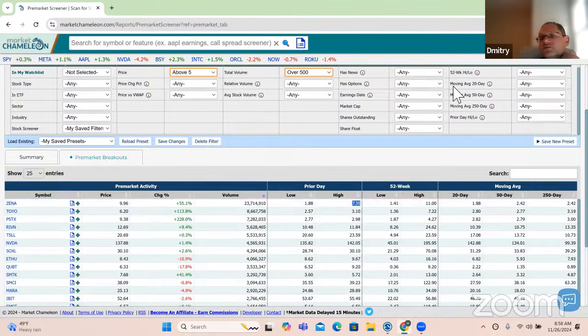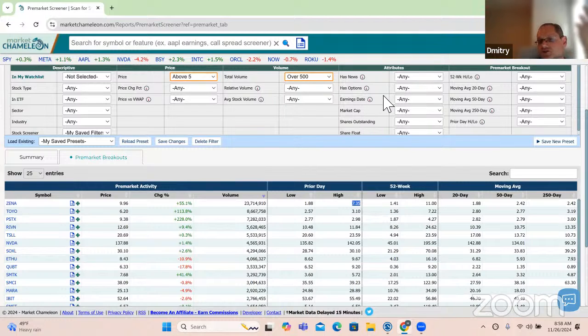So if we wanted to filter that, we could use the filters above. Let's just see what that would look like. Let's say here, a filter, prior day's high-low, right? So in pre-market breakout up here, the filters, prior day's high or low. And let's say we want to see a stock that is above the previous day's high.